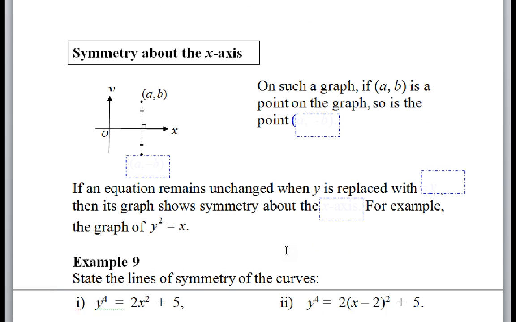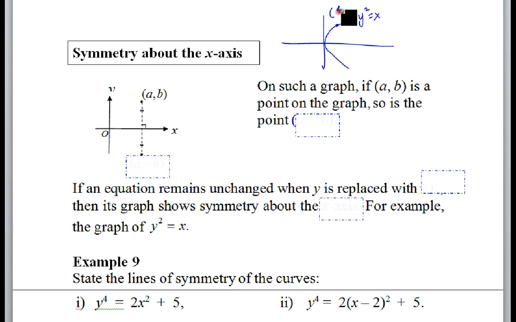Symmetry about the x-axis. If you understand symmetry about the y-axis, you should understand symmetry about the x-axis. Let us still use the classic example: y squared equals x.